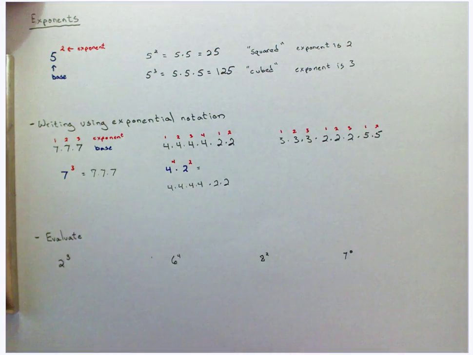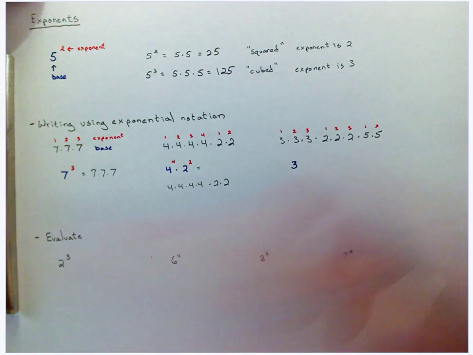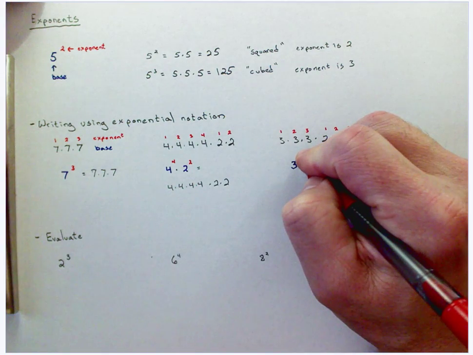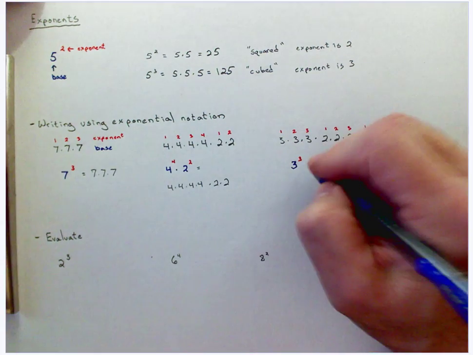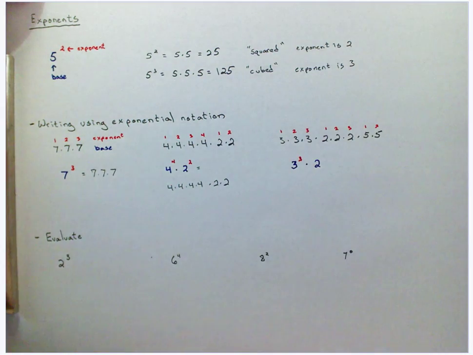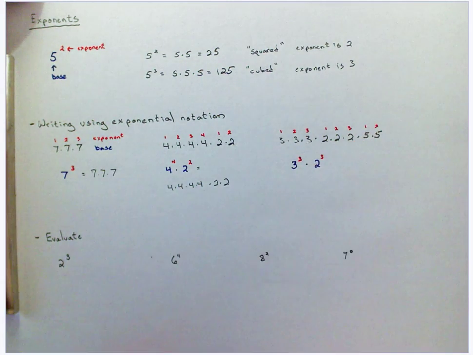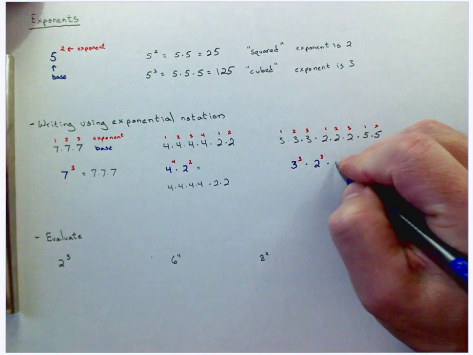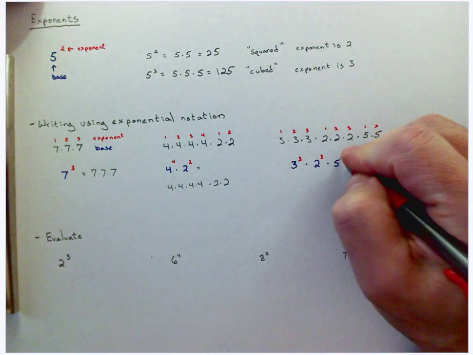So I know that 3 is to the third power, or what can I say? Cubed. I know that my base of 2 is the same. It is also to the third power because there's three 2's. And I know that my base of 5 is going to be to what power? Second power, squared.